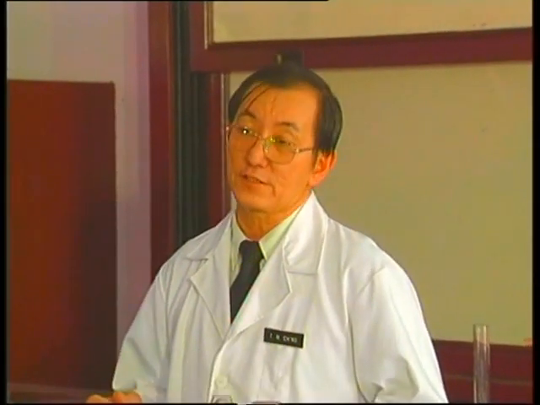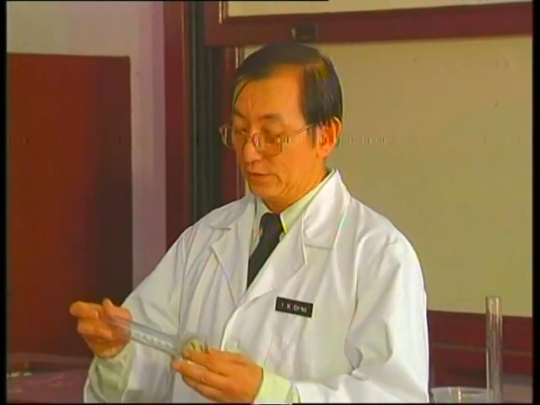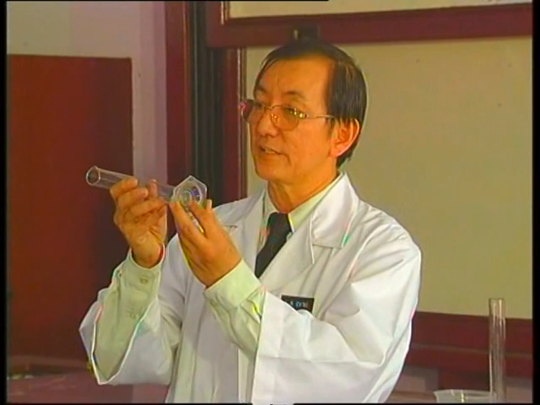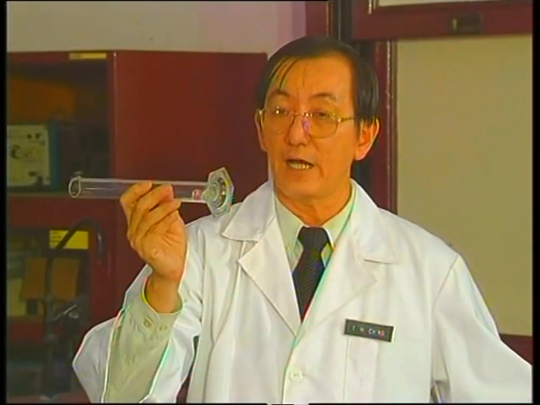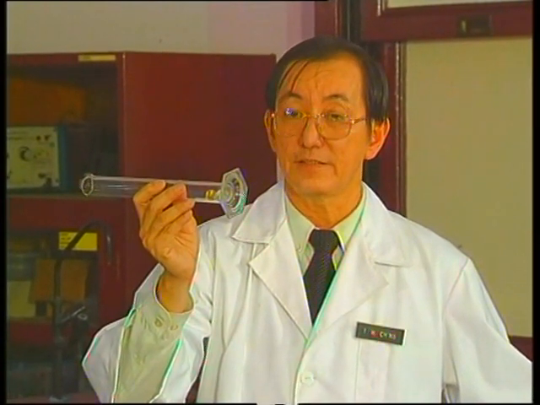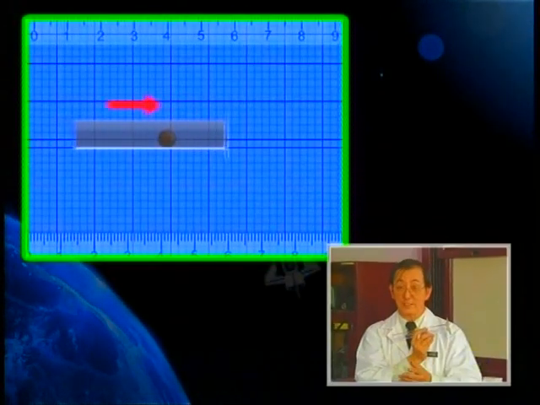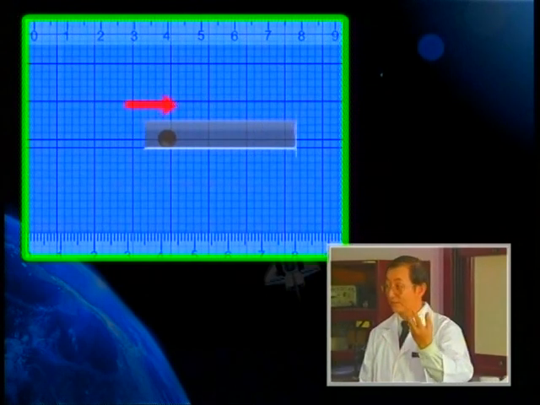We will demonstrate Newton's first law, which is also called the law of inertia. You look at the marbles in this cylinder. How does the marble behave when I move the cylinder suddenly? The marble remains behind, and due to gravity it falls down.